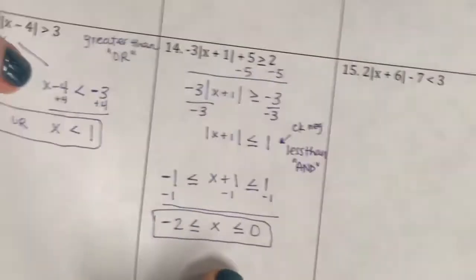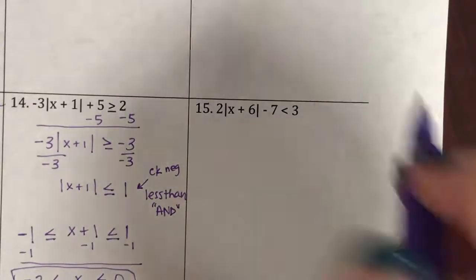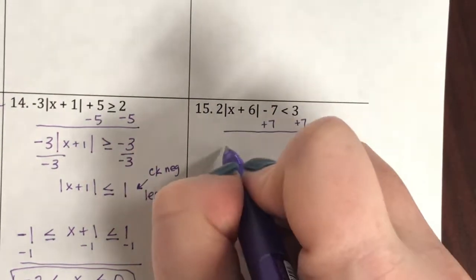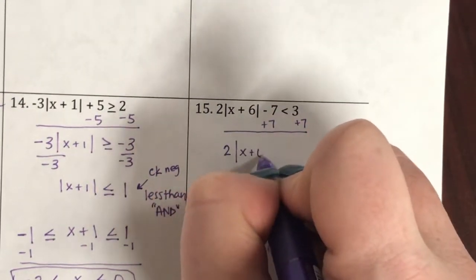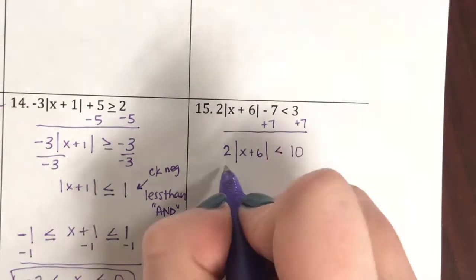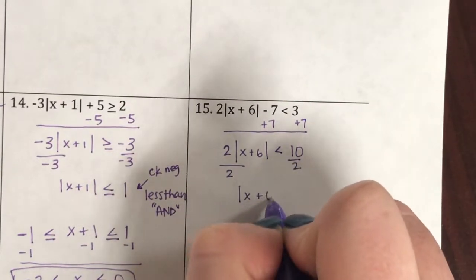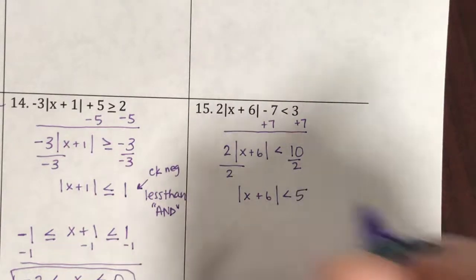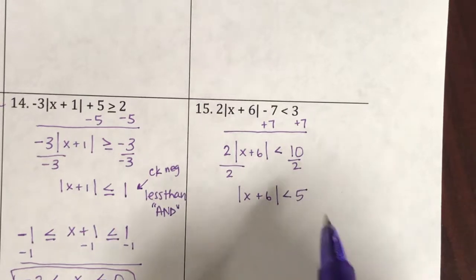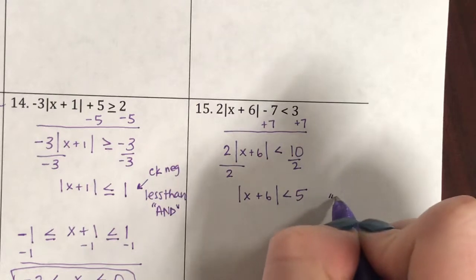On number 15, we will start by adding 7. And then we divide the coefficient. Five is not negative, and this is less than, so it's going to be an and statement.